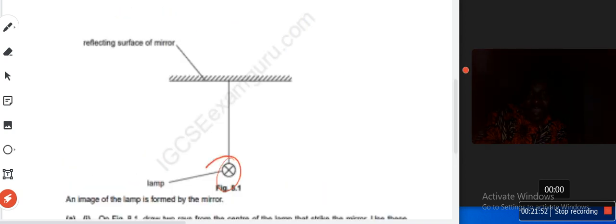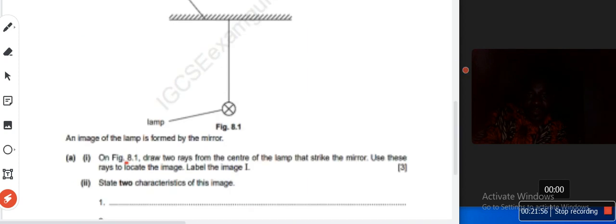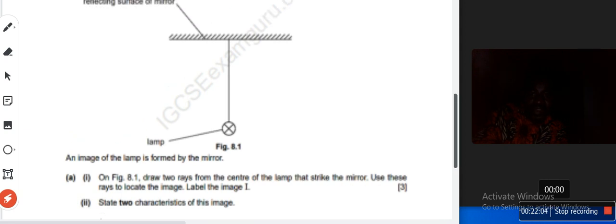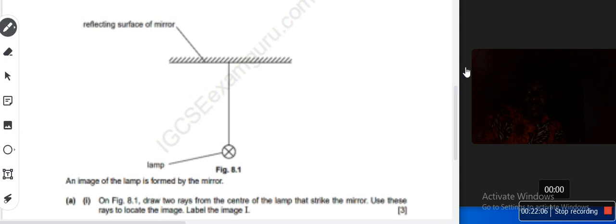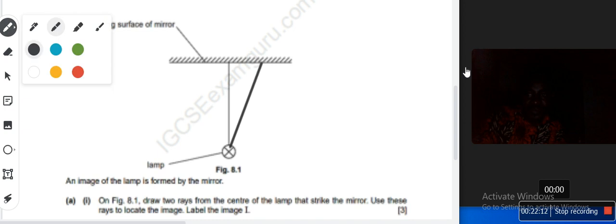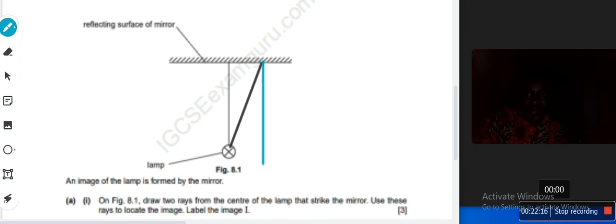and there's a lamp here, and that's a mirror. On figure 8.1, draw two rays from the center of the lamp to strike the mirror. Use this to locate the position of the image formed. It's the same principle. You can start from here, draw a ray, it strikes here, and then of course you draw a normal at this point, and the ray reflects back, making the same angle.